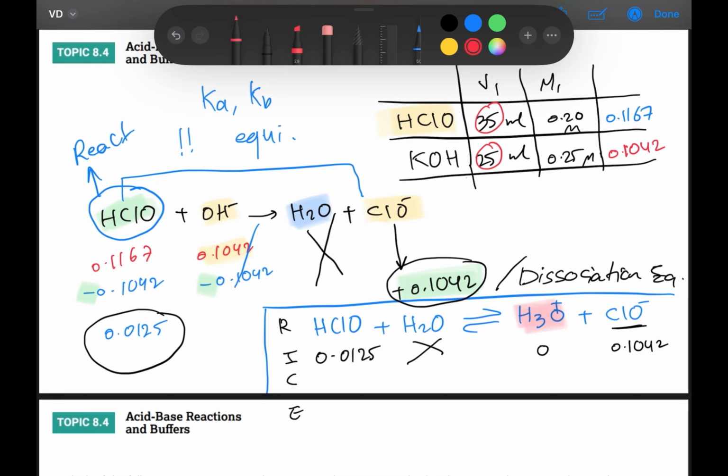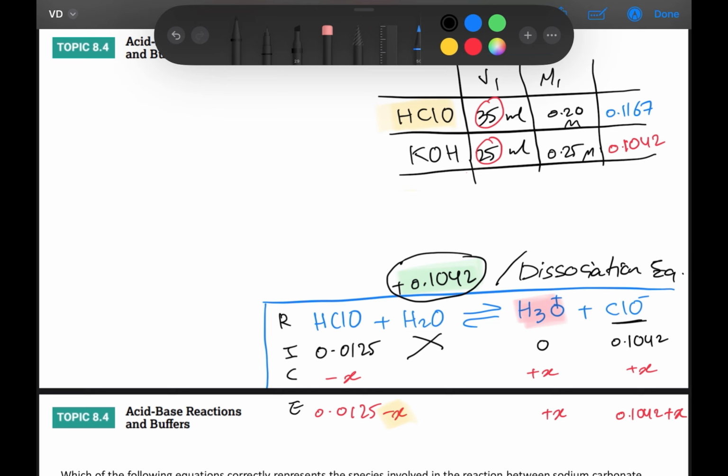Then I subtract: minus x, plus x, plus x. So 0.0125 minus x, here we have plus x, and here 0.1042 plus x. Since we don't have quadratic equations in AP exams, we just neglect the x in these parts.